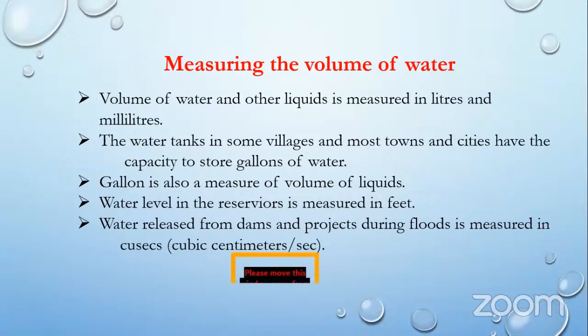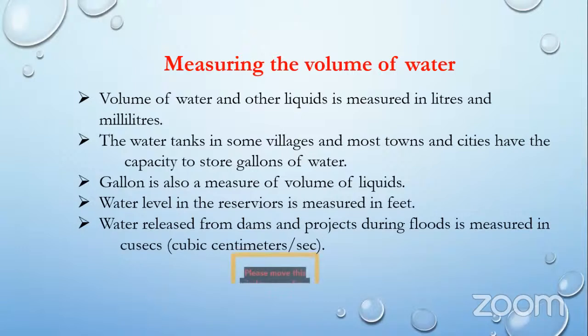The water tanks in some villages and most towns and cities have the capacity to store gallons of water. Big water tanks will be there, no, in villages and also in some cities. So in those big tanks we don't measure water in liters, milliliters.